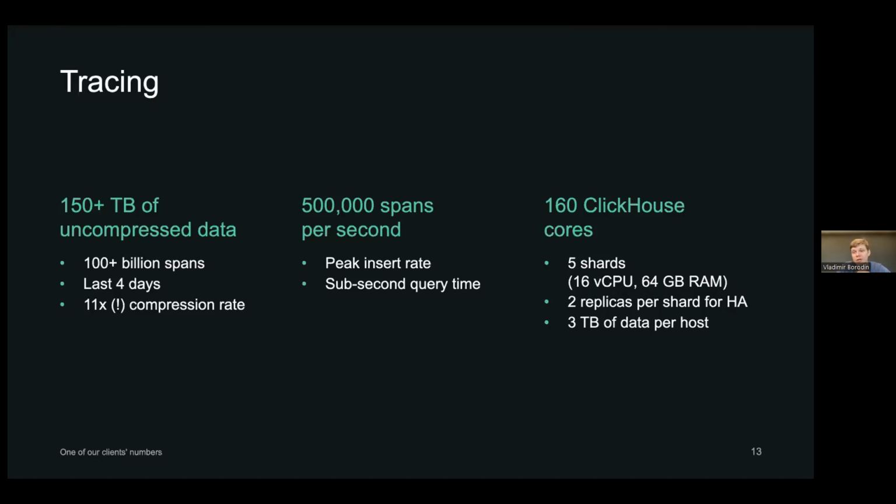And when you query the data, as I showed you on the screenshot above, it takes less than a second to get the results. And for all that, you need only 160 ClickHouse cores. They have a cluster of 5 shards, each with 2 replicas for high availability. That is approximately 3 terabytes of data per host.